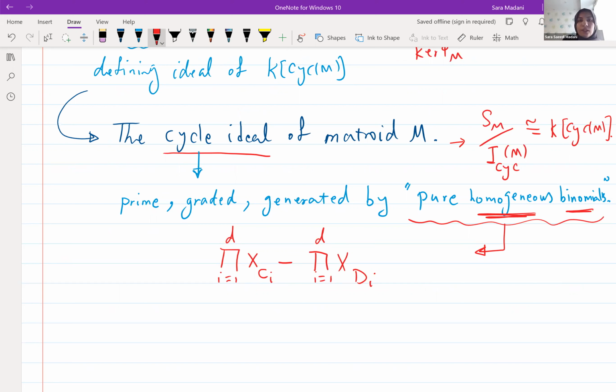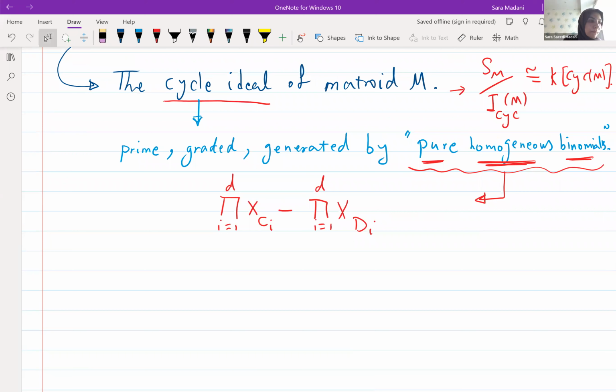And I said pure means that there is no alpha, for example, here or beta here. So this is also a binomial, but when we say pure, we do not have something like this here. So this is a typical generator of such an ideal. We have this information, it is good. We have something in hand to work with these ideas, but this is very little. So we would like to understand this ideal and this algebra a little bit more. And just don't forget that these C_i and D_i were just cycles of my matroid.